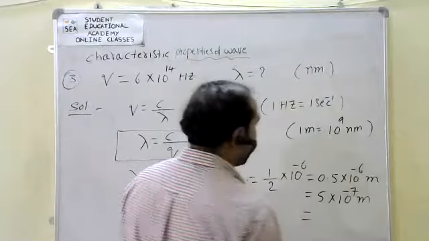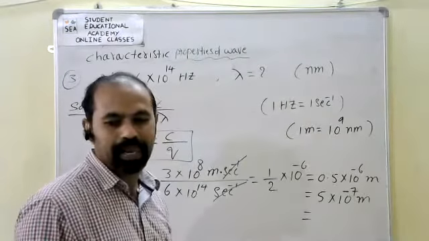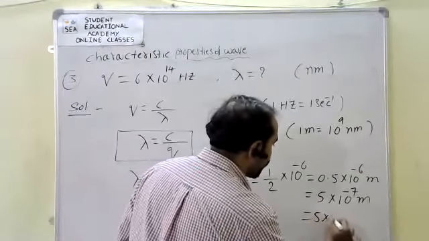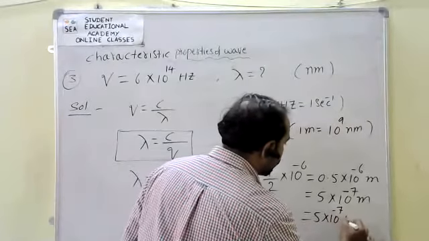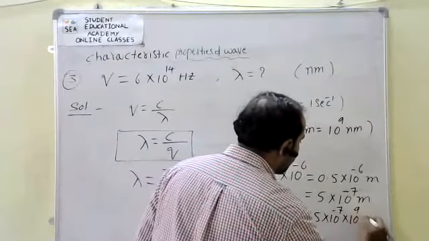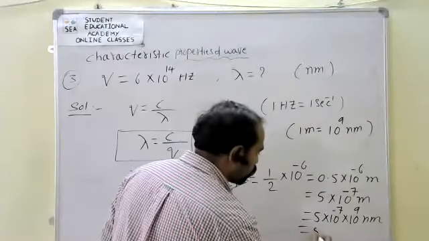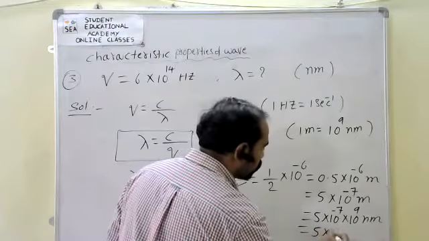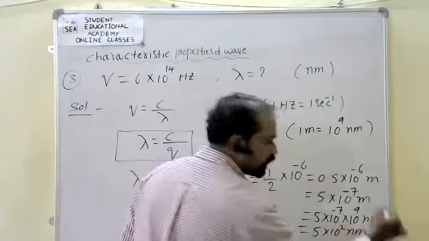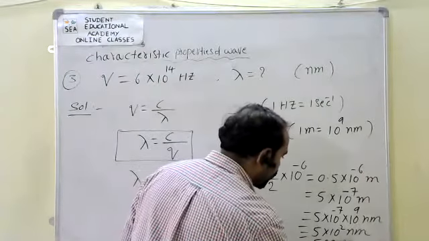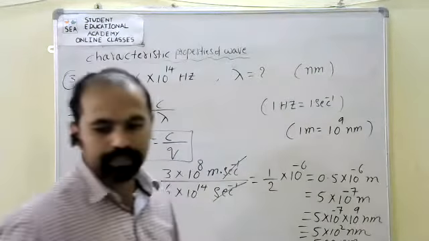Therefore we get 5 into 10 power minus 7 into 10 power 9 nanometers, that is 5 into 10 power 2 nanometers, nothing but 500 nanometers. Am I right?